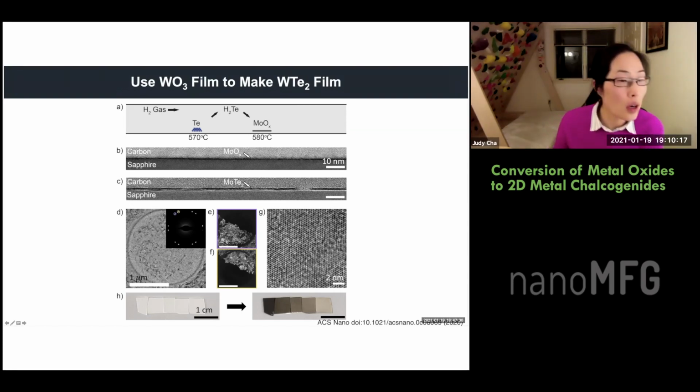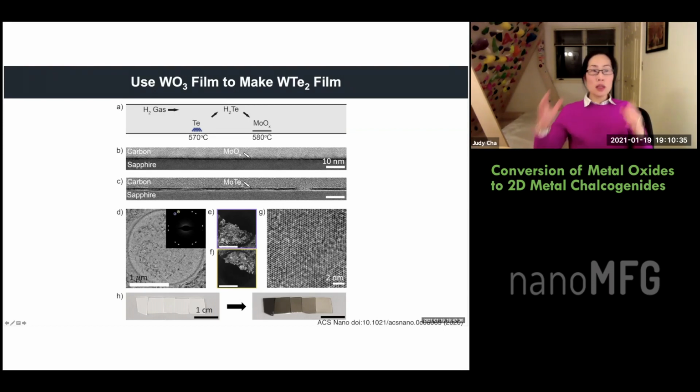Oh, the growth time? Okay, so for this growth, where we already have a moly oxide film on sapphire and we're converting it into telluride, where exactly we put the substrate doesn't matter so much, because it is at the center of the tube furnace.